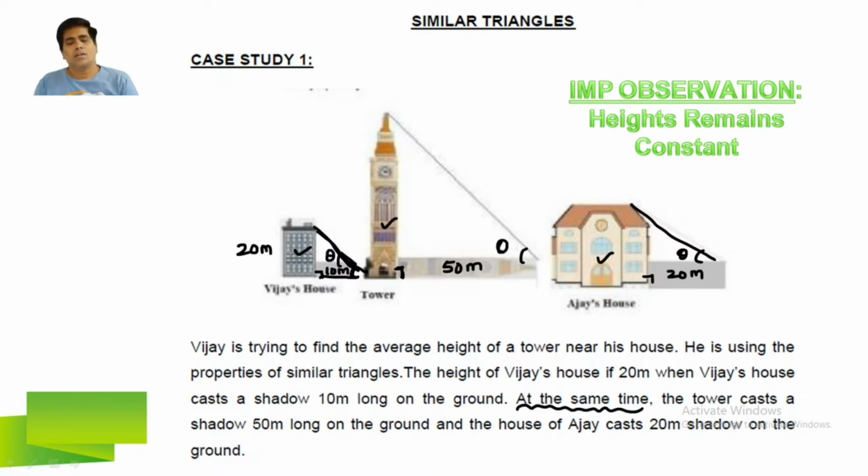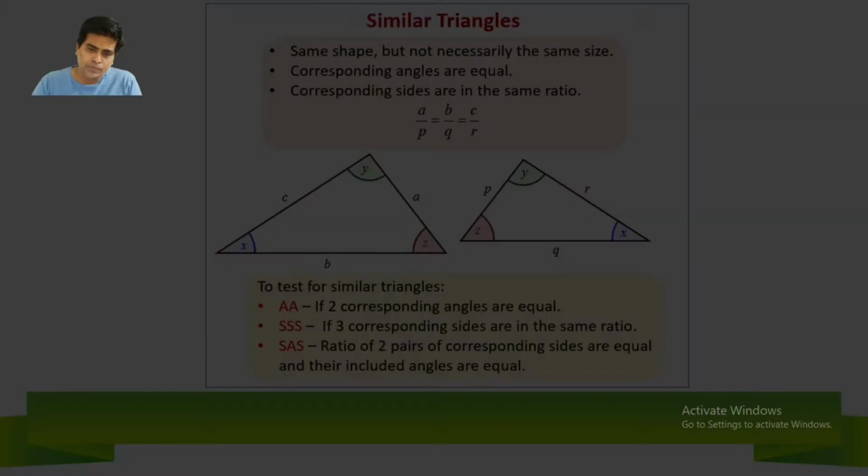So in three different triangles, we have two angles equal: one is 90 degrees in each triangle, and theta in each triangle. So why is it theta, theta, theta in every triangle? Because they are taking the shadow at the same time. So this is very, very important. So let us see the question now. Question number 1.